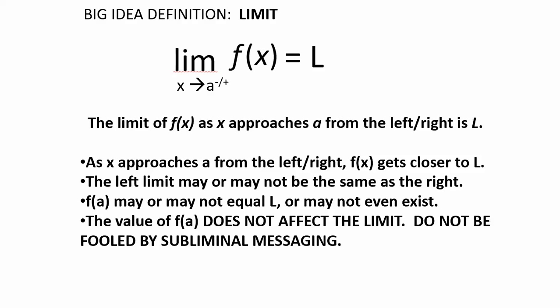But if the left and right limit are not the same, we say the limit at that point does not exist. And don't let f of a concern you. The actual value of f of a might not equal our limit. It might not even exist. But that doesn't impact our limit. Let's look at a couple examples.